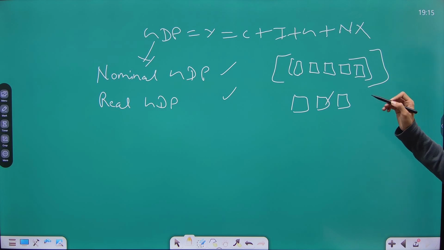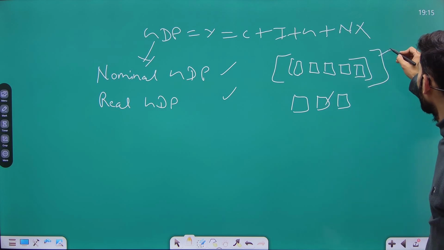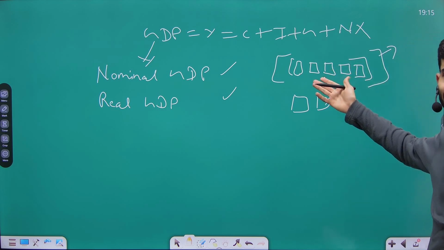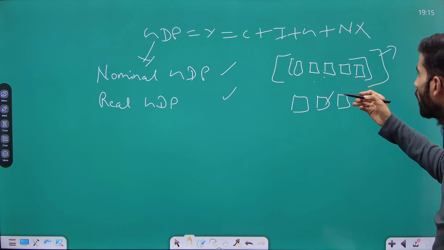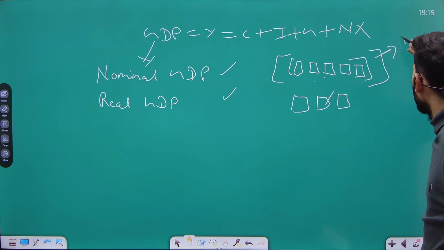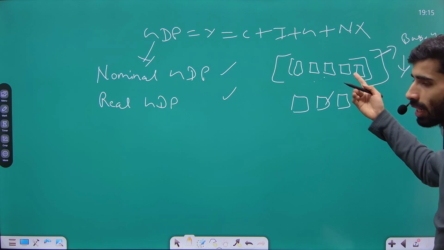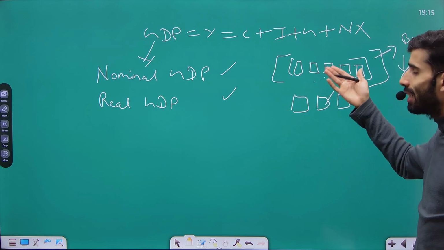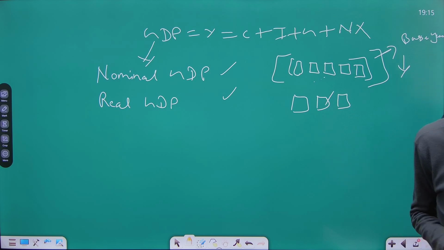So in the price index, we are considering only specified goods and services, and we are monitoring the prices of these particular goods and services from the base year. If there is an increase in price level, then simply the price index will reflect that increase in the average price level of these specified goods and services.